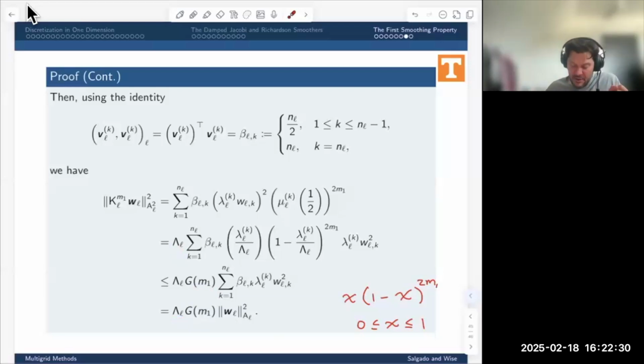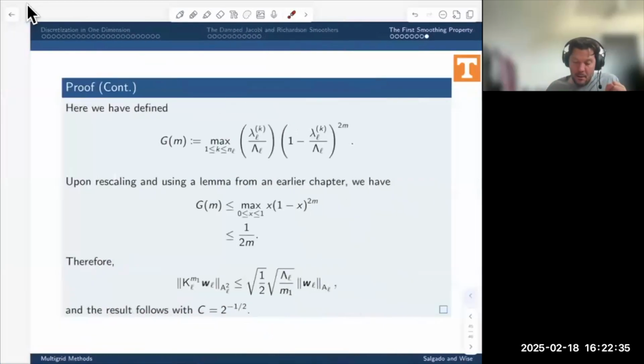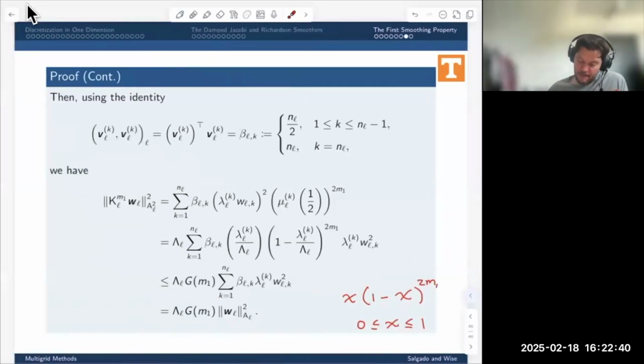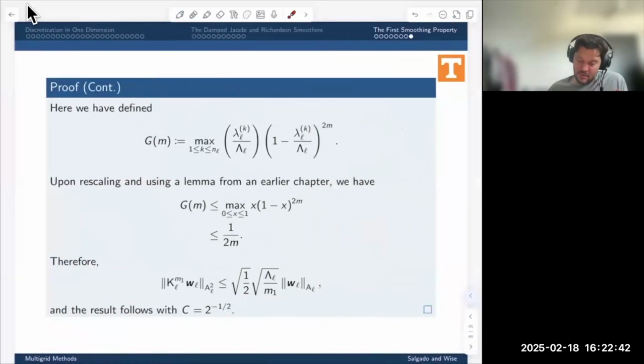Okay, so if I can establish this bound g of m1 on this, we're done. So I'm going to call the bound on that guy G. And this guy here is just some function. That function I could call anything I want, like f of x or something like that. And I'm going to maximize this over all of the numbers which look like this and this, okay?